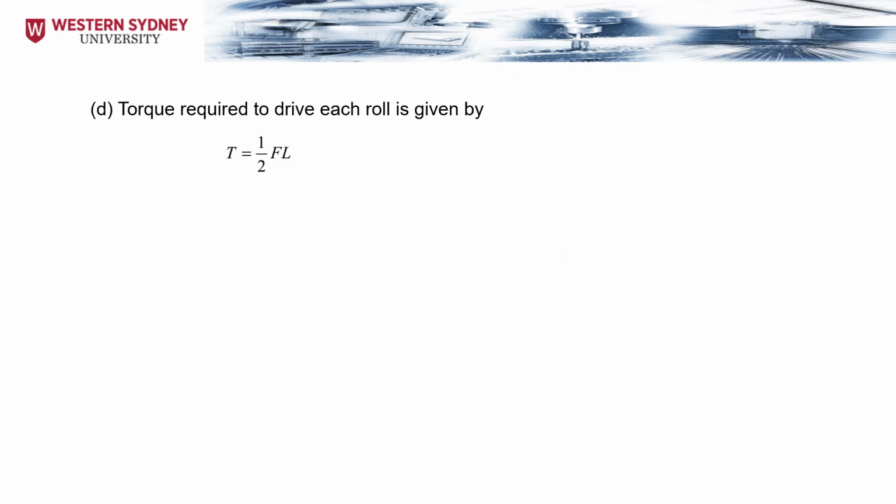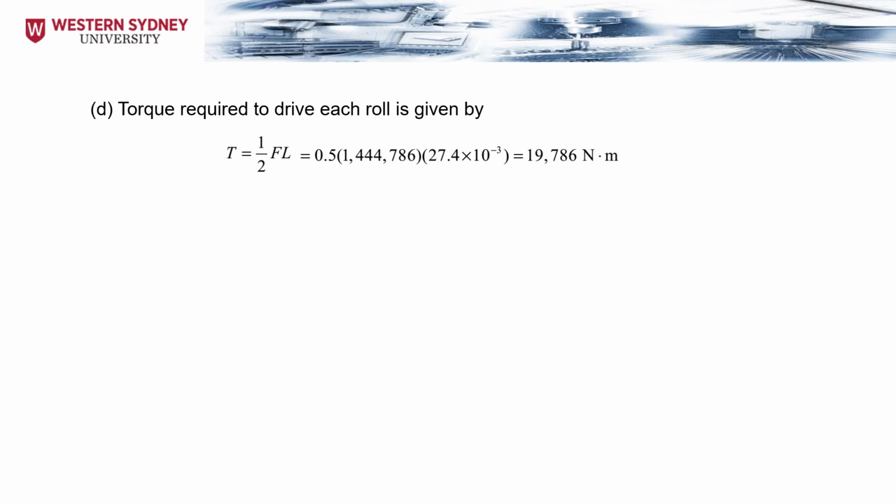Now I need to find the torque. The torque is equal to half multiplied by the force multiplied by the length. So 0.5 multiplied by 1,444,786 multiplied by the length of 27.4 divided by 1,000. Now why divided by 1,000?